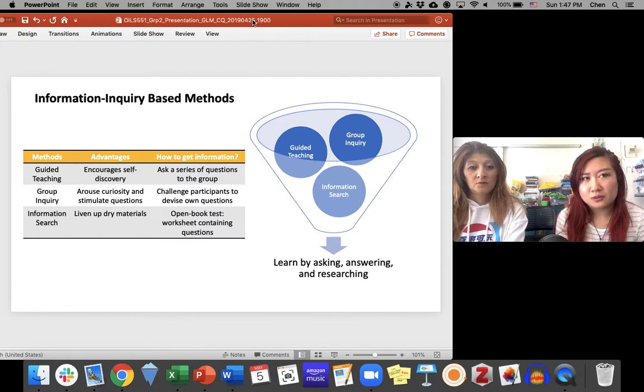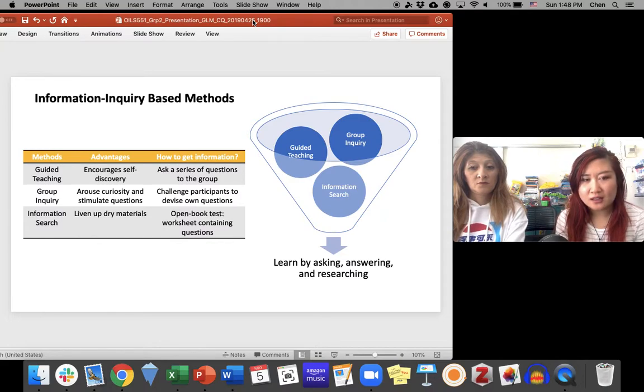To promote people's curiosity and to promote people's motivation of learning, instead of just giving people answers directly, we give people questions and let people inquire information. So either in groups, or we give out an open book test for people to search the answers on their own.